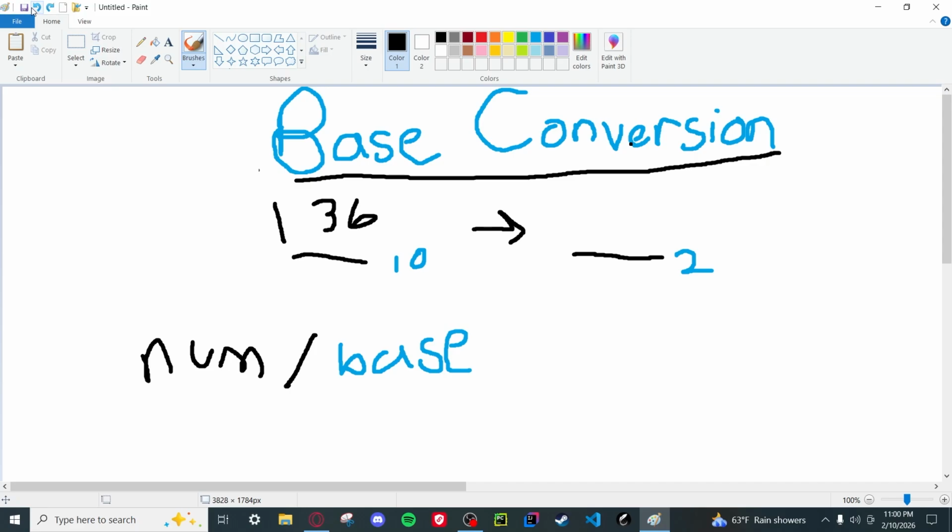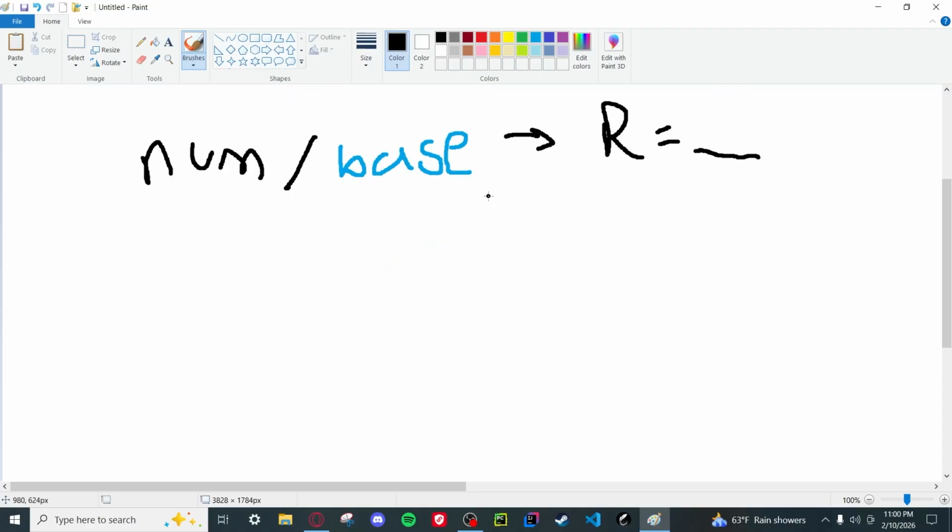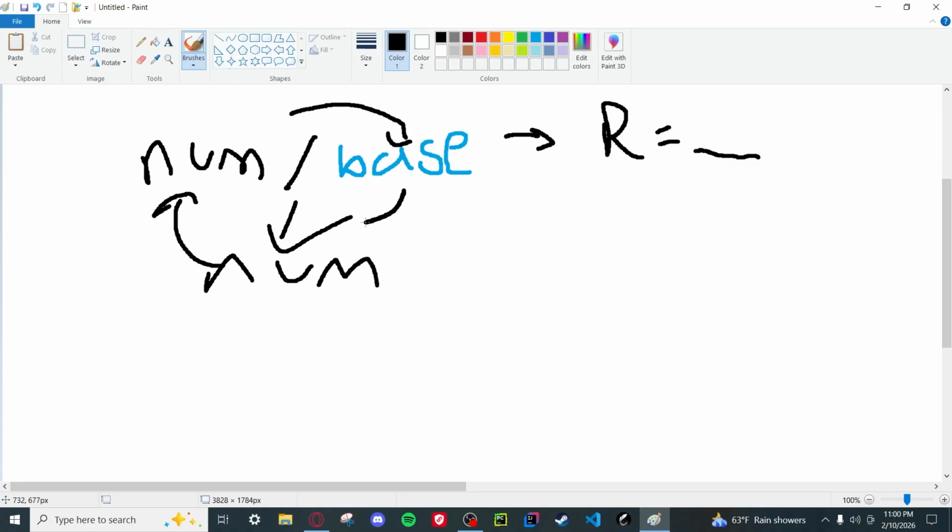And then, if there's a remainder, we want to store whatever the remainder is on the side. Sidebar it. Just write it down here, but keep going with this process. Do num over base, right? Whatever number that gives you is your new number. You're going to do num over base again. The cycle repeats, and you keep on storing your remainders each time.